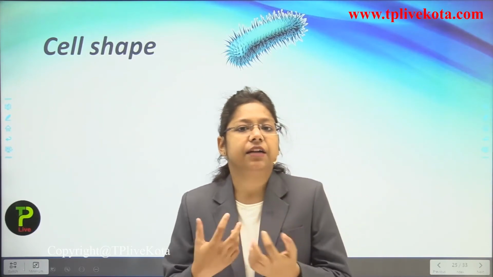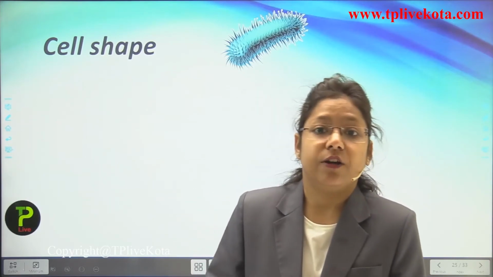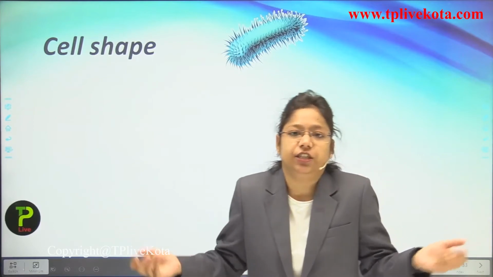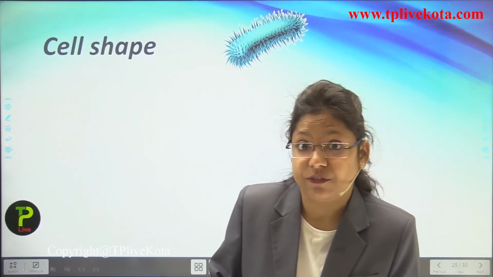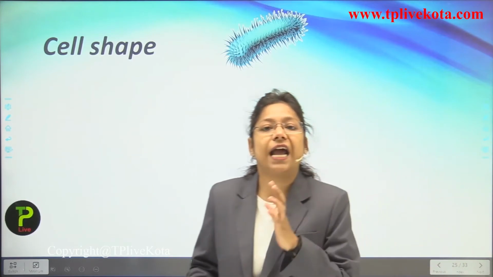These are the different types of shapes which are present around your world, but you cannot see them, because you have just learned the definition that the cell is the fundamental unit of life. But the shape may vary from one organism to another as well.